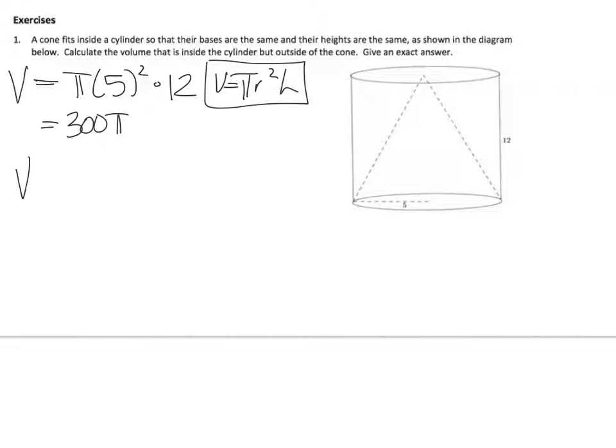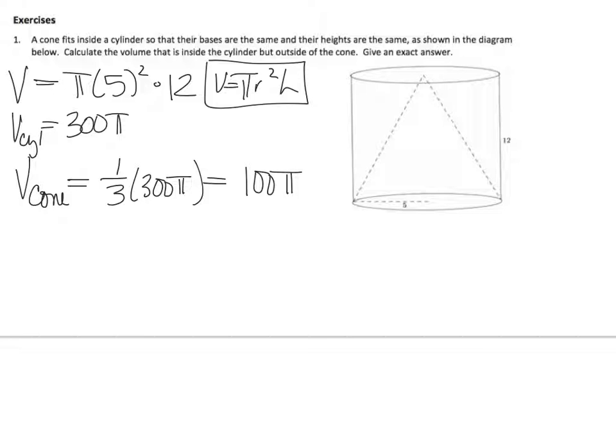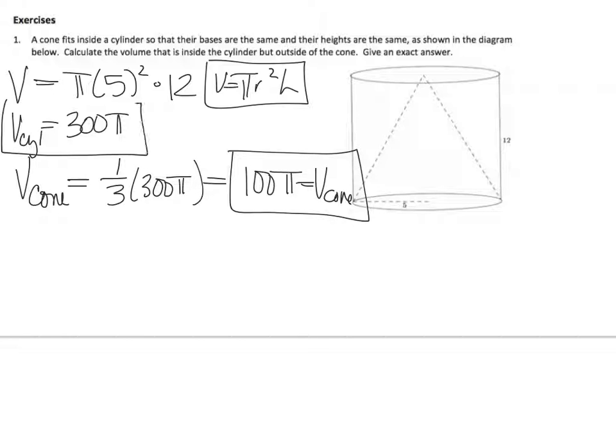Now, the volume of the cone, we know is a third of the cylinder. So I can just do a third of 300 pi. So this is the volume of the cylinder. This is the volume of the cone. Now, the kicker says calculate the volume that is inside the cylinder. Check. But outside the cone. Well, this is inside the cone.